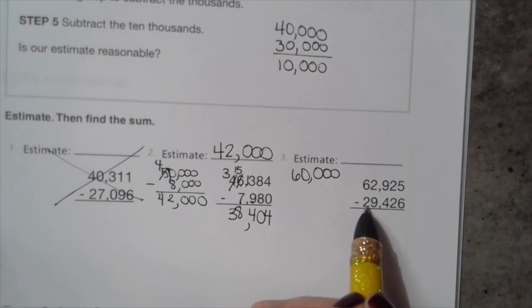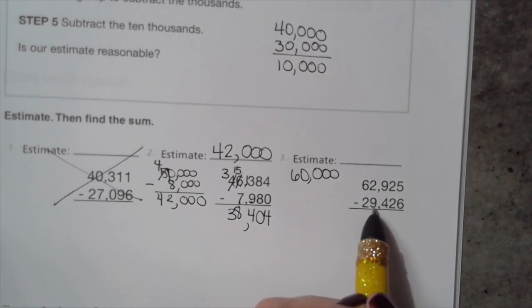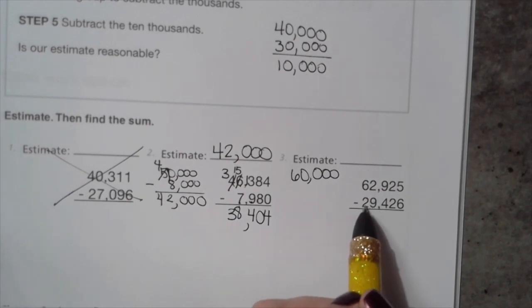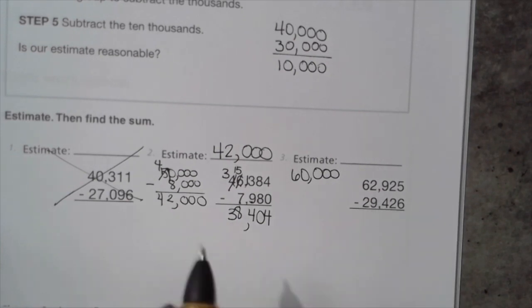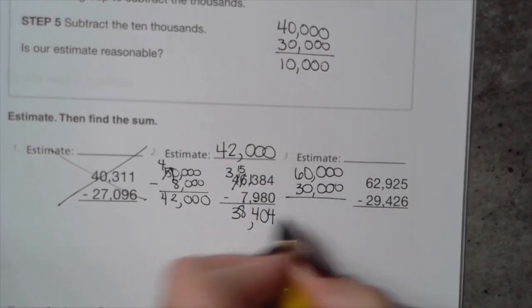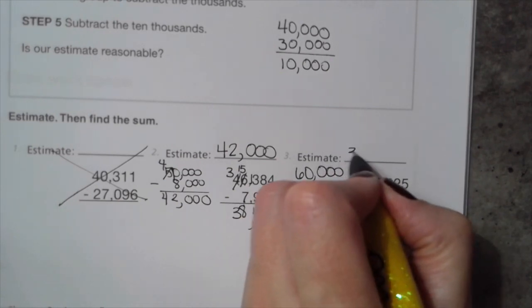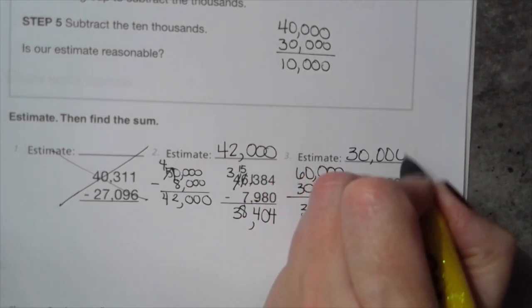Now I'm going to round this to the nearest 10,000. That 2 is either going to let it rest or I'm going to have to add 1 to it. Let's look next door. There's a 9. 5 or more, add 1 more. So I'm going to change this to a 3. Everything else becomes a 0. And 60,000 minus 30,000 is 30,000. It's a doubles fact. Write that up there.